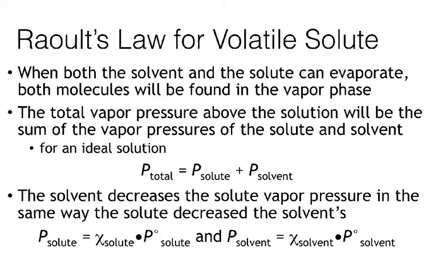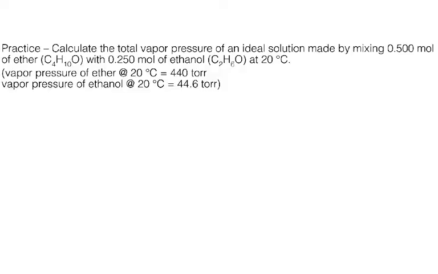So the solvent will decrease the solute's vapor pressure, and the solute will decrease the solvent's vapor pressure, and so we can find our total vapor pressure by adding the two together. So the mole fraction of the solute times the normal vapor pressure of the solute plus the mole fraction of the solvent times the normal vapor pressure of the solvent. So let's work through a problem like that.